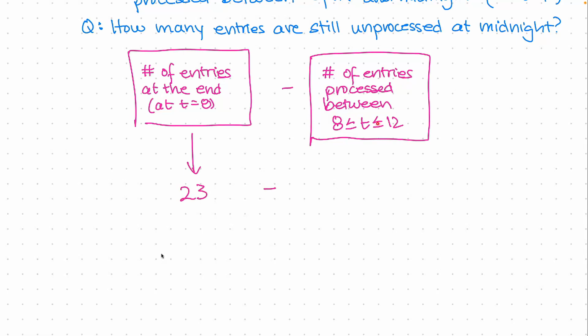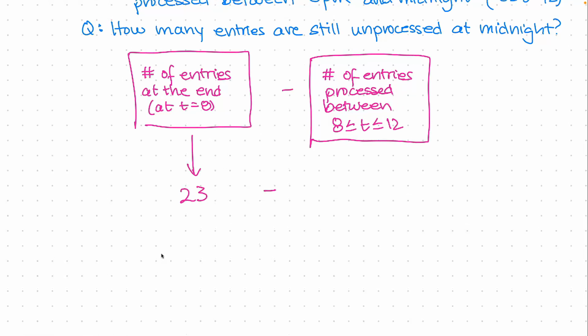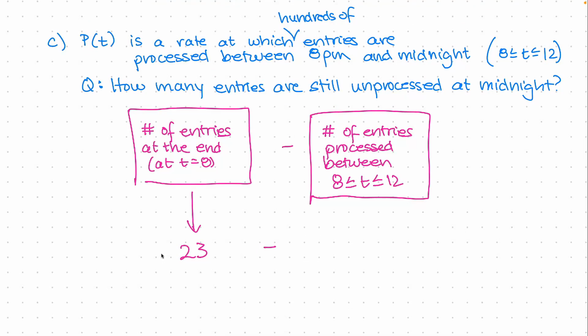Now the question is, how do we figure out the total number of entries processed? And this is where we use the fact that we have P of t. P of t is the rate. If it's a rate, what should you automatically be thinking of? It's a derivative. So P of t represents a derivative.